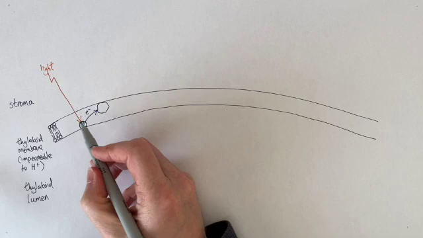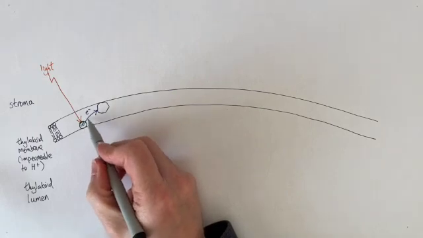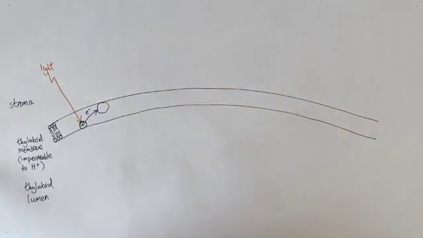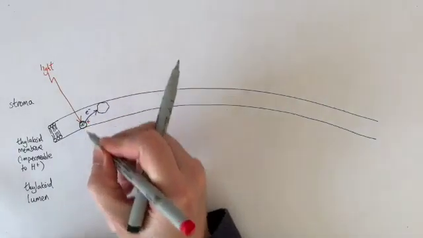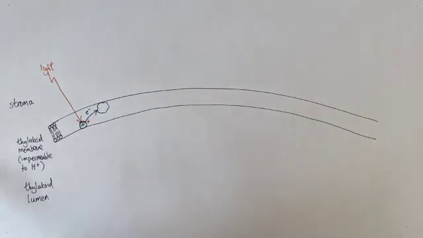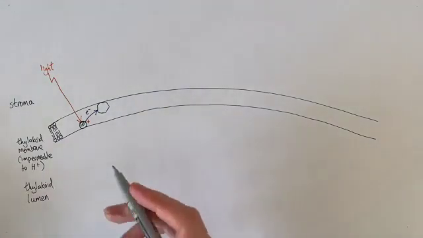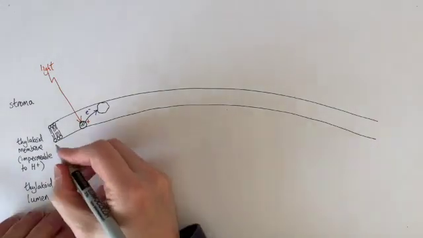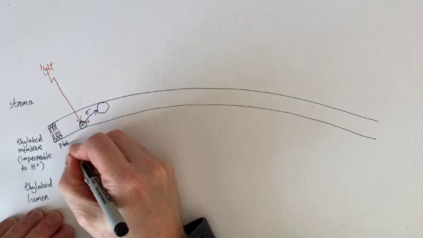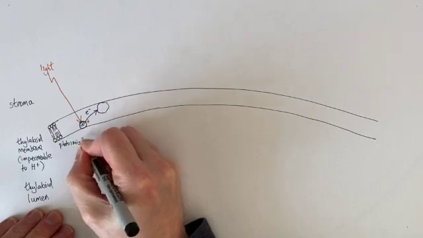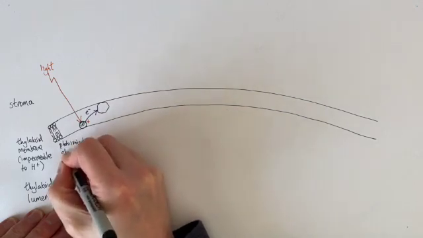And the electron moves from the chlorophyll molecule to that acceptor molecule. In doing so, it makes the chlorophyll molecule positively charged. And we call that process photoionization of chlorophyll.